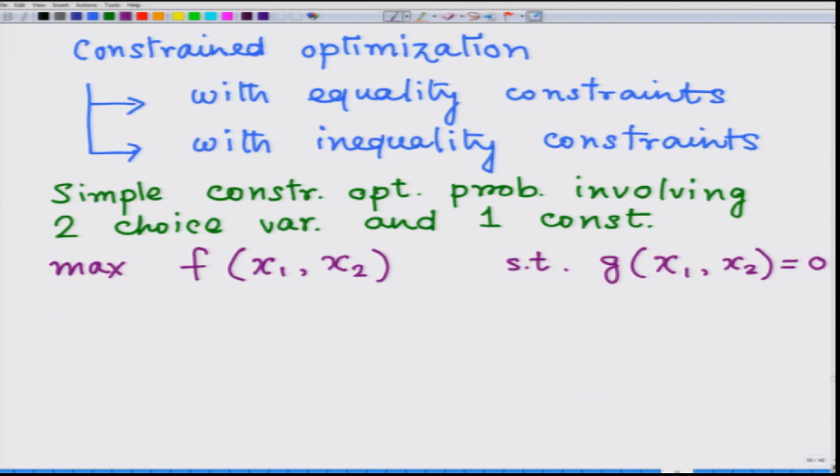Now, the Lagrangian technique that we are going to study evolves around a function which is known as Lagrangian, and that Lagrangian function is to be defined as follows.